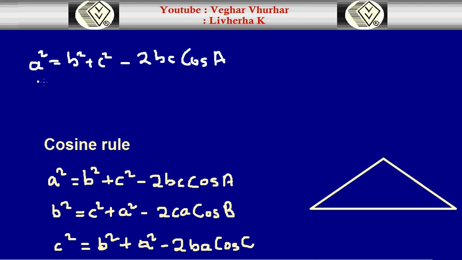So for instance, we have an angle of a here. The capital letter represents an angle, and the small letter represents the magnitude, the size, or the distance. So when you have an angle, the opposite of the angle would be small letter a, which represents the magnitude, the distance, the size.